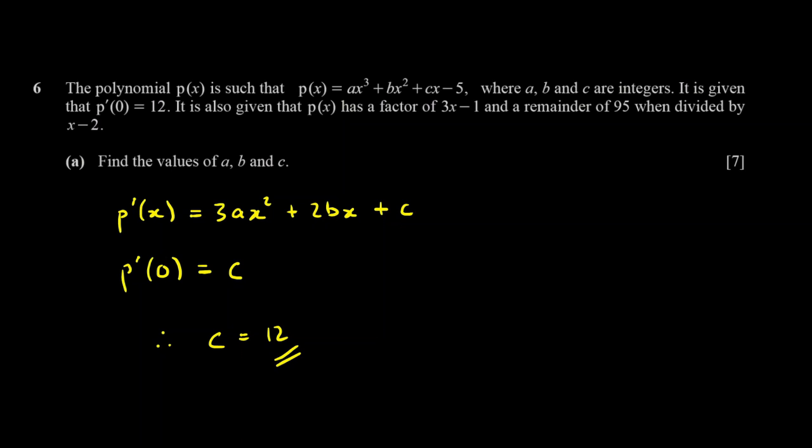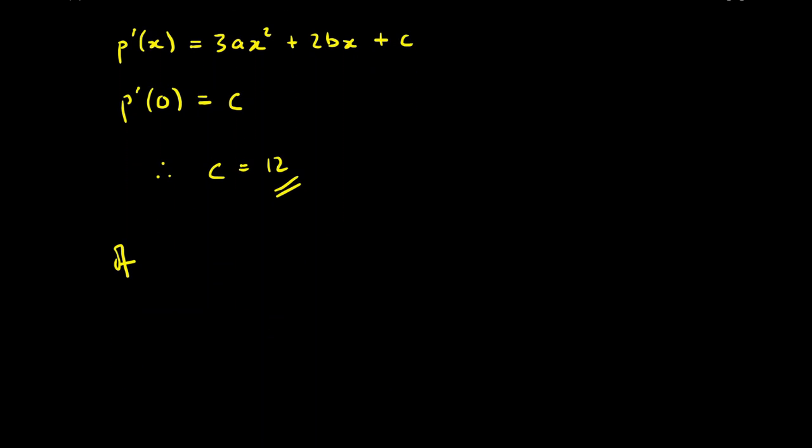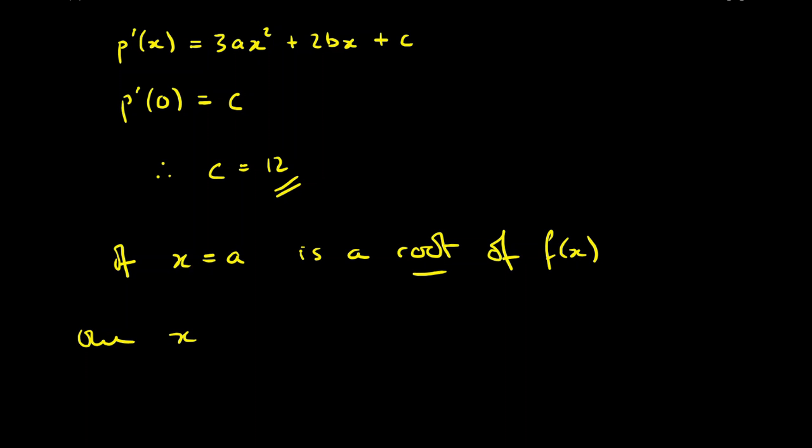The next part, we are told that p of x has a factor of 3x minus 1. Now, in I think it's the first question in this paper, I explained what the factor theorem was. Basically, the factor theorem states that if x equals a is a root of f of x, then x minus a is a factor of f of x.